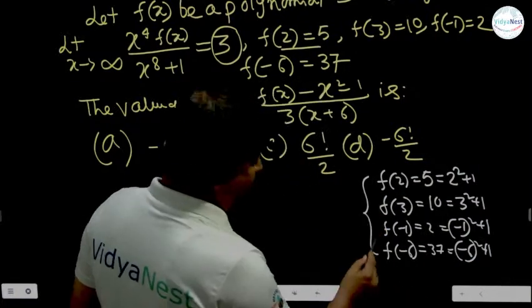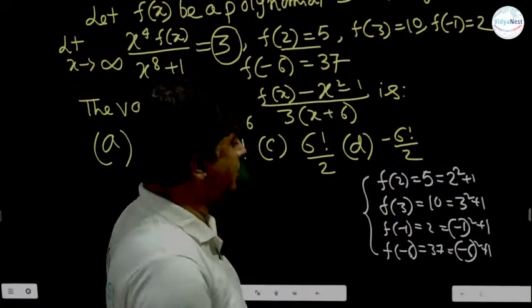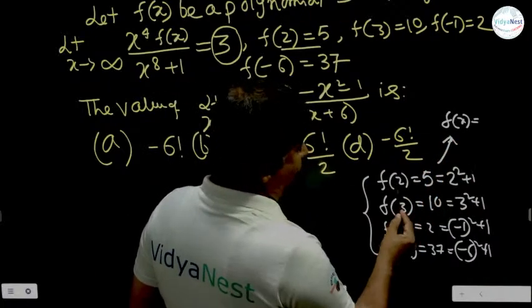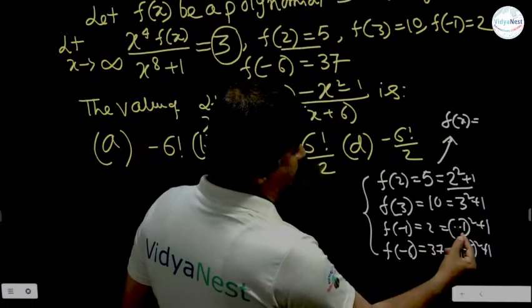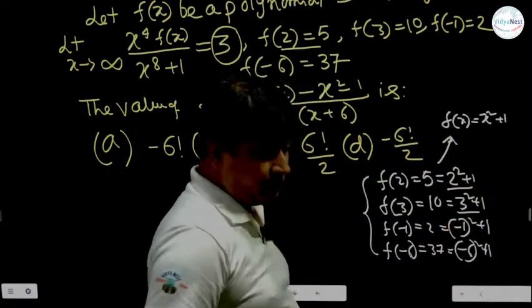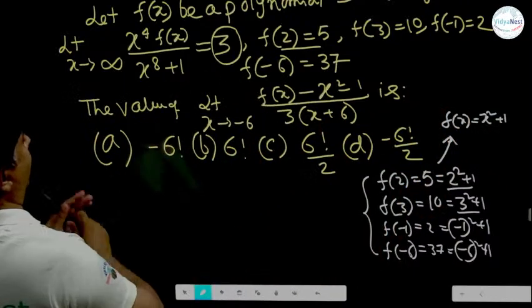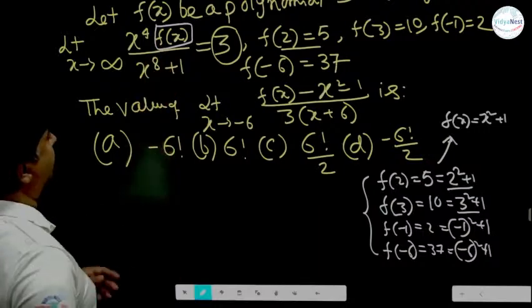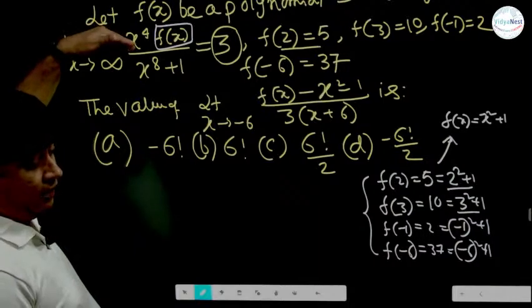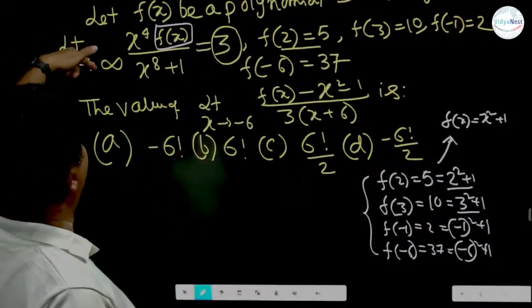So, observing this, maximum students will generalize, okay, if f(2) is 2 square plus 1, f(3) is 3 square plus 1, then f(x) is x square plus 1. But if you plug this value and put x square plus 1 here, you will get highest power x to the power 6 in the numerator and x to the power 8 in the denominator, and x tends to infinity.